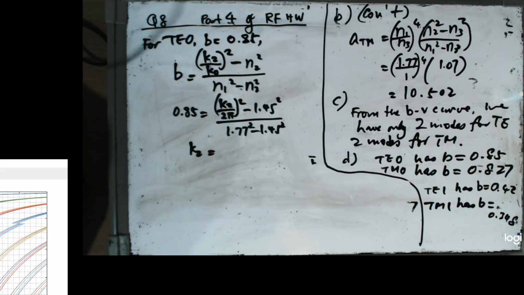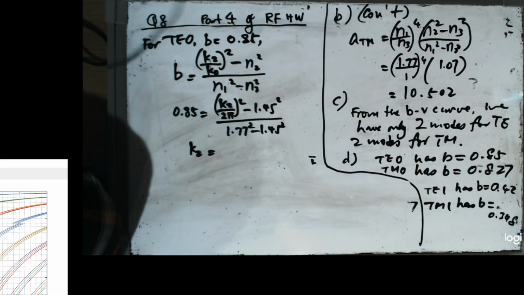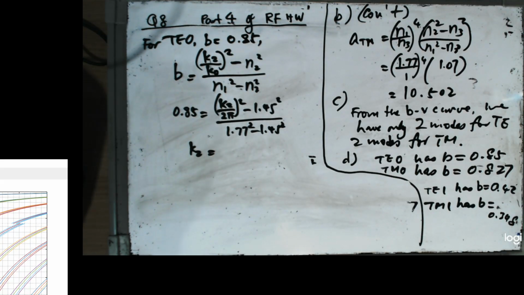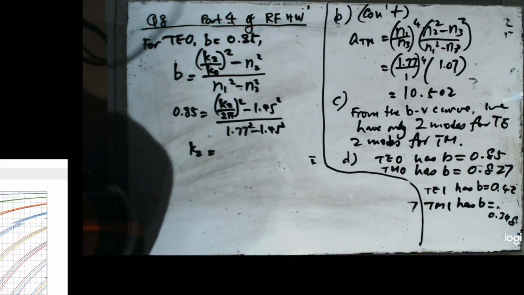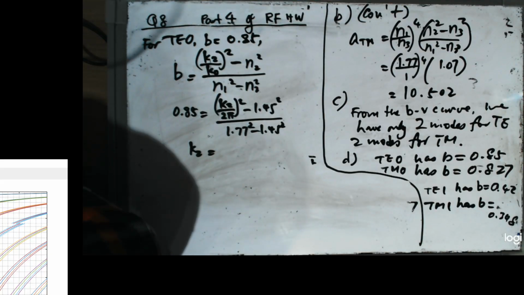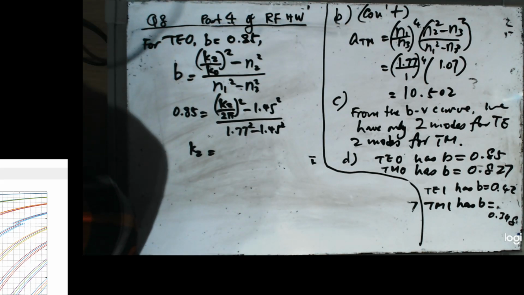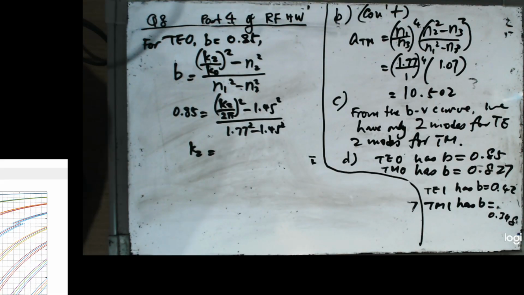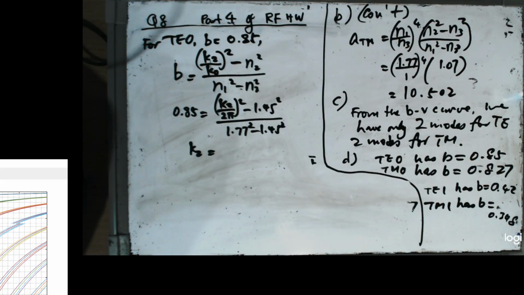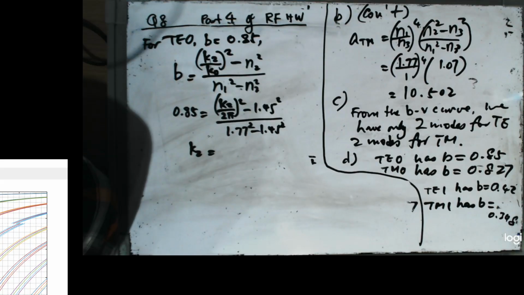Equation, and then minus 1.45 squared, and then divided by 1.77 squared minus 1.45 squared.